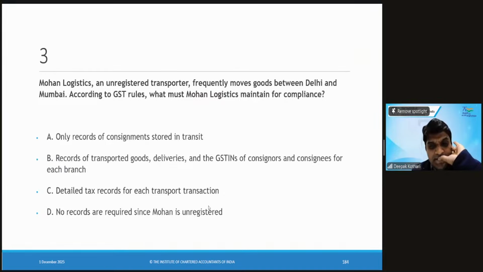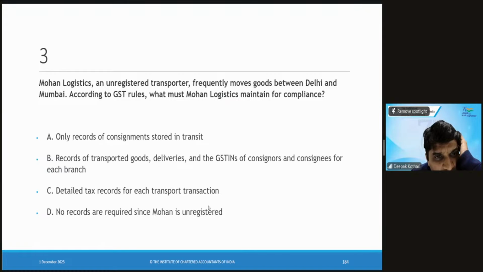Question number 3. In case of a transporter who is unregistered and frequently moves goods from Delhi to Mumbai, according to GST, what must Mohan Logistics maintain?